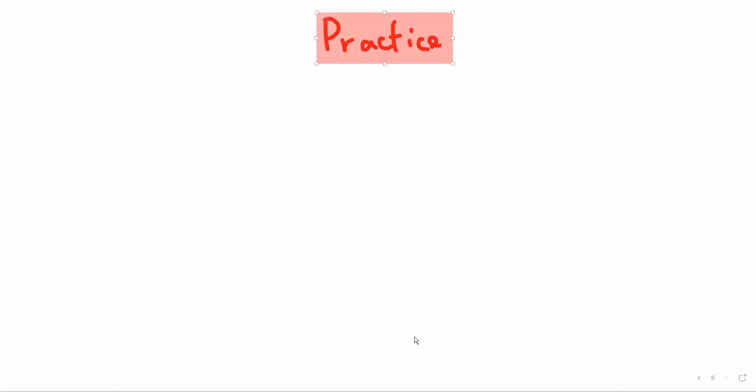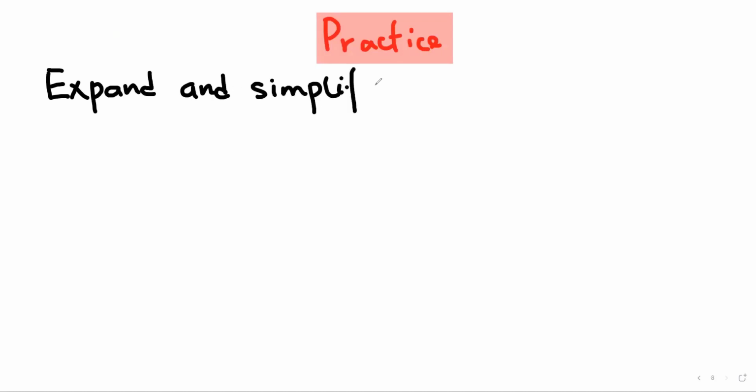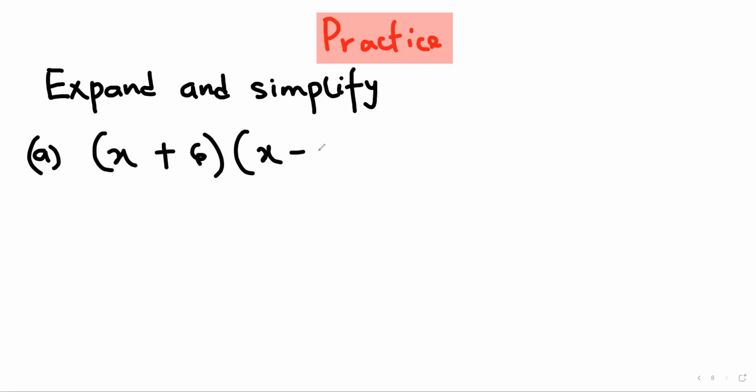Question number 1. Expand and simplify. The first one, x plus 6, then in the bracket, another one is x minus 2. And I'm splitting my screen halfway so I can have another question on the right.